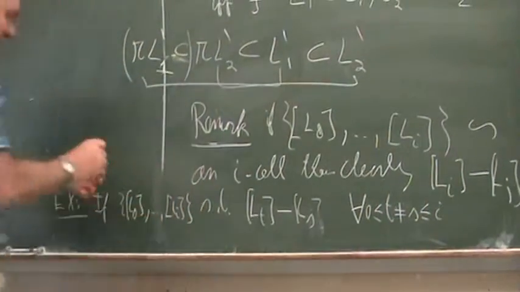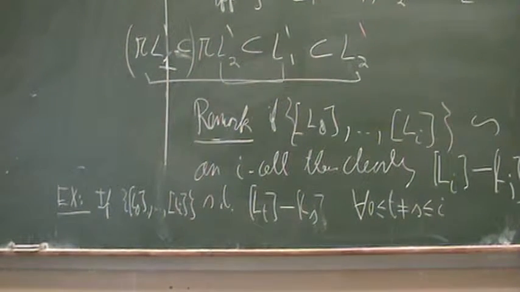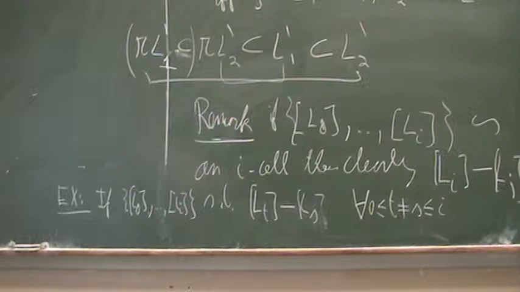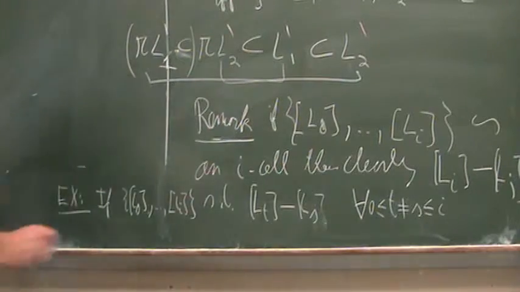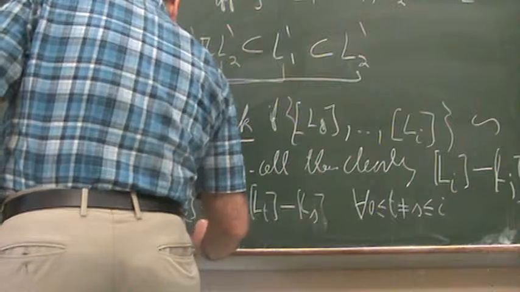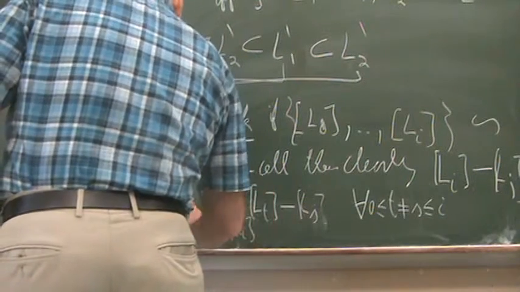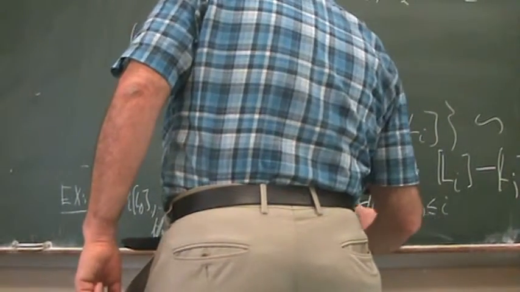So if I have a set of i plus 1 equivalence classes, which means I have a set of i plus 1 vertices in my building, in my simplicial complex, that are all neighbors, then L0 up to Li is an i cell.